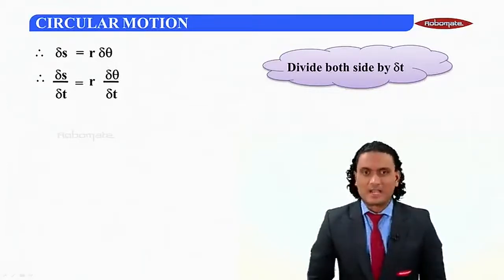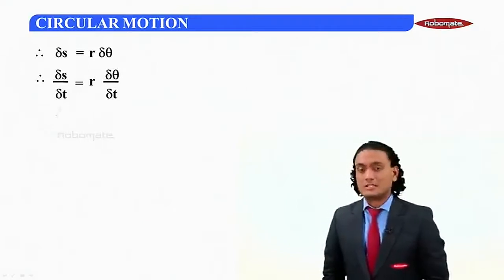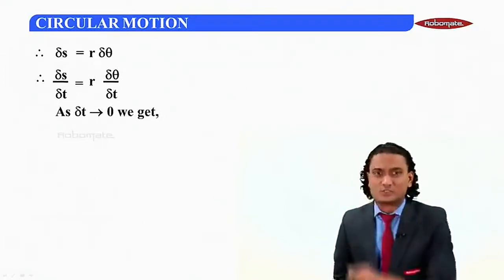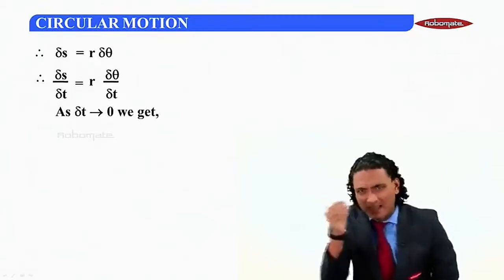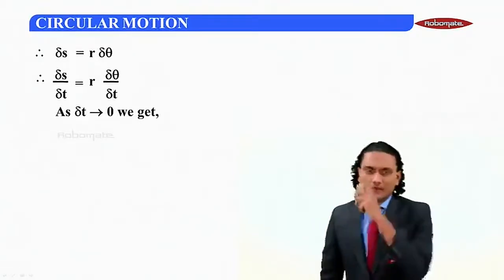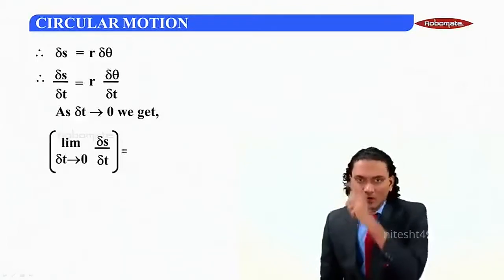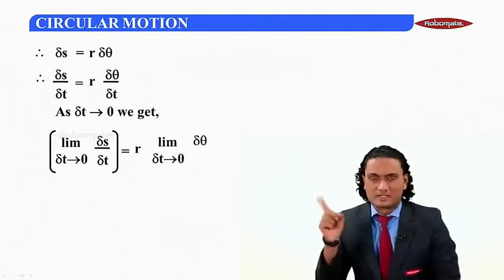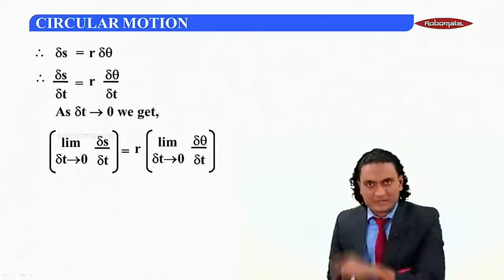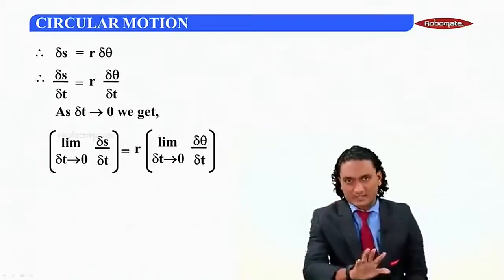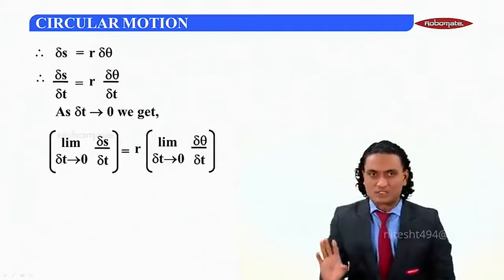Delta t is a very, very small interval of time, so it is tending to 0. We can write this relation as limit delta t tends to 0, delta S upon delta t is equal to R into limit delta t tends to 0, delta theta upon delta t.